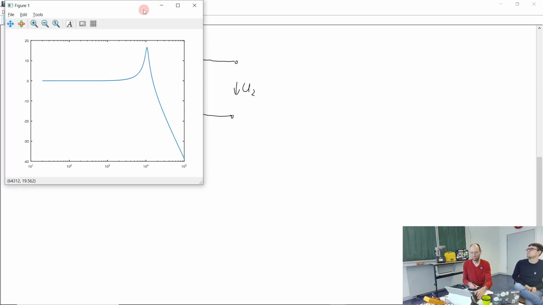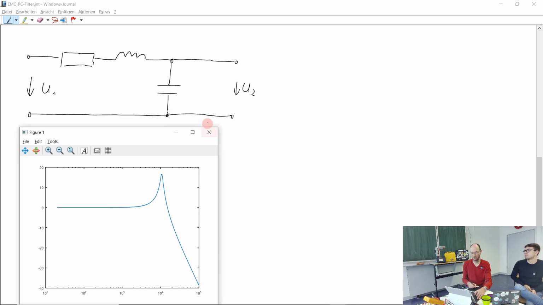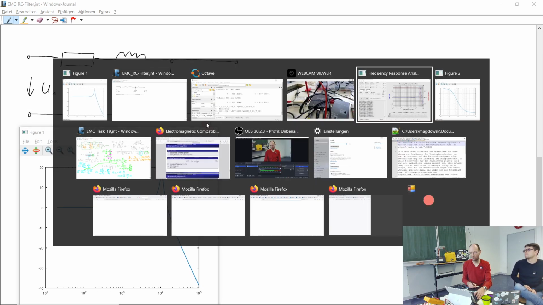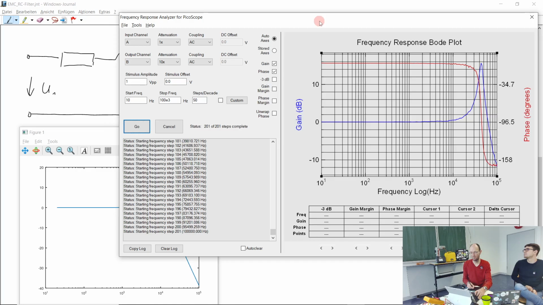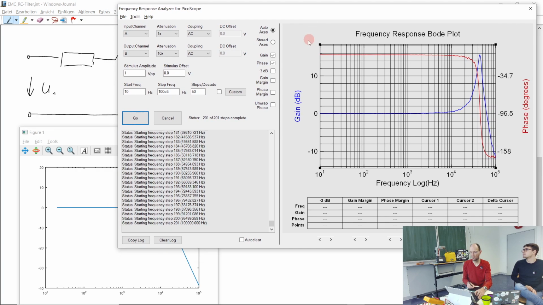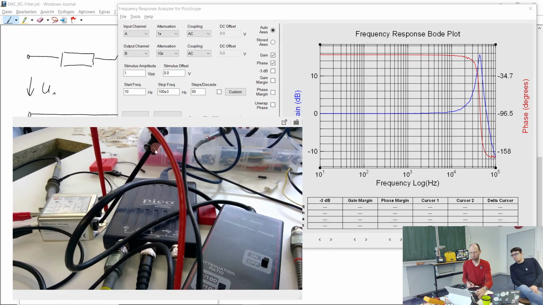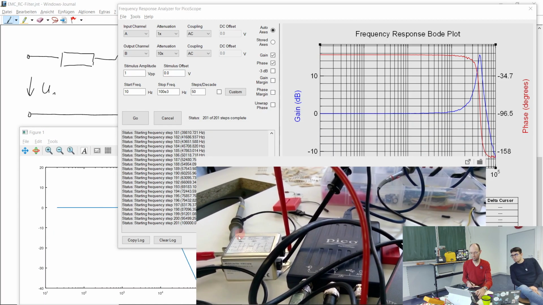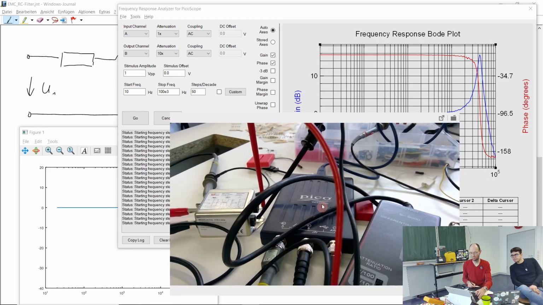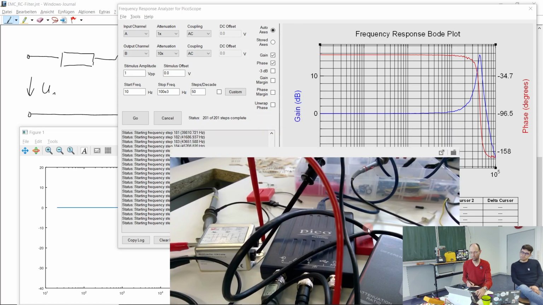And this resonance, this amplification, this is also what we nicely see here in this measurement of this real filter here, using my PicoScope and using this differential probe.